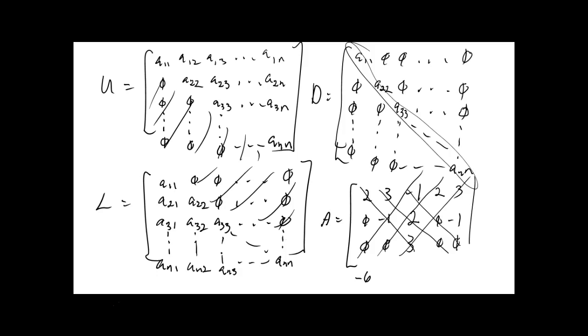Okay, so for any upper or lower triangular matrix or a diagonal matrix, the determinant of every one of those is the product of the diagonal entries, period. And if any one of the diagonal entries is a 0, the determinant is 0 and it's non-invertible.